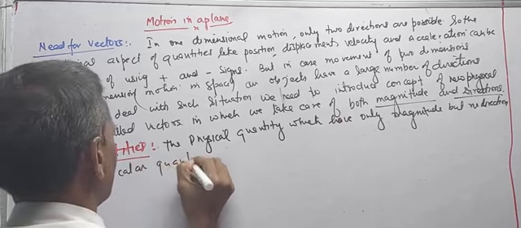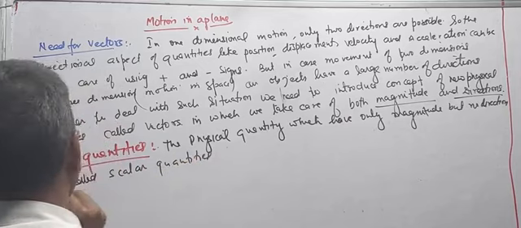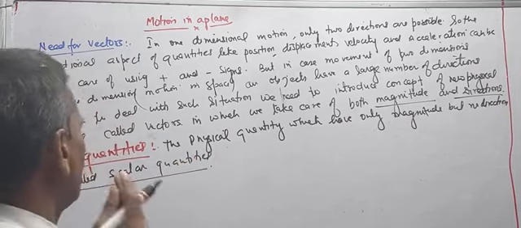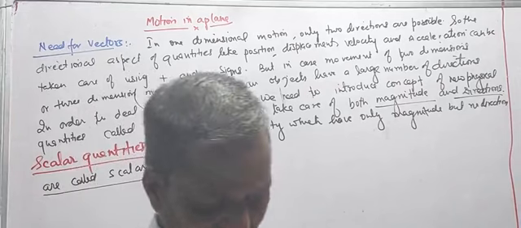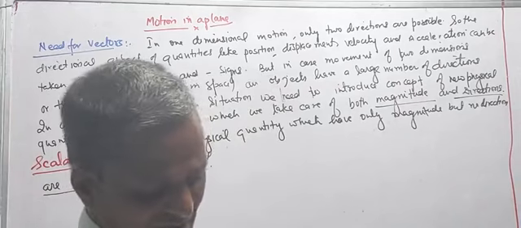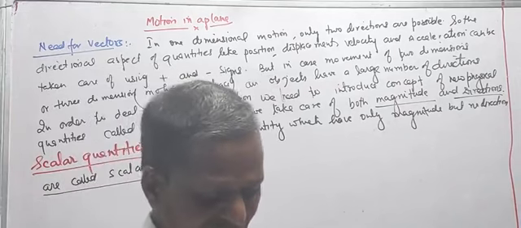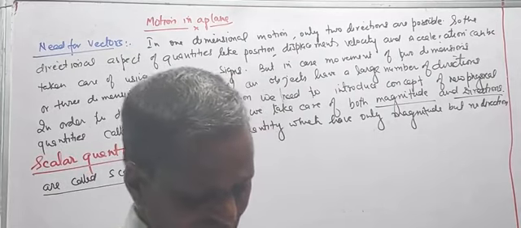स्केलर क्वांटिटी, यानी ऐसी भौतिक राशि जिसको व्यक्त करने के लिए केवल परिमाण या मैग्नीट्यूड की जरूरत होती है, दिशा की जरूरत नहीं होती है, तो ऐसी क्वांटिटी को हम अदिश राशि या स्केलर क्वांटिटीज कहते हैं.